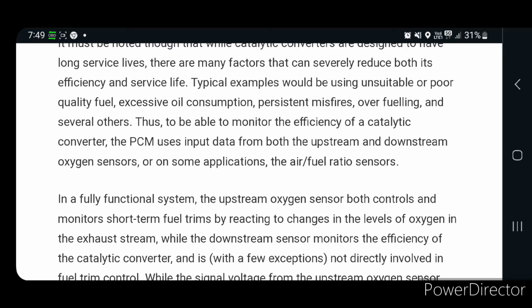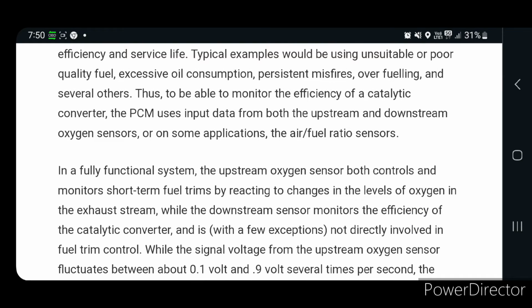In a fully functional system, the upstream oxygen sensor both controls and monitors short-term fuel trim by reacting to changes in the level of oxygen in the exhaust stream, while the downstream sensor monitors the efficiency of the catalytic converter and is, with a few exceptions, not directly involved in fuel trim control.